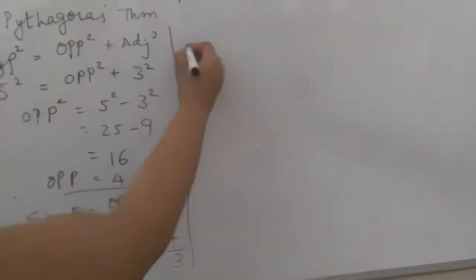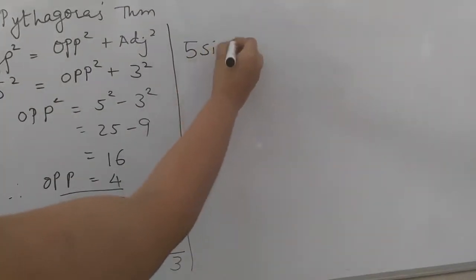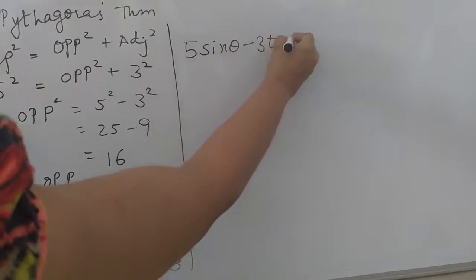So what is the opposite side? Again 4, and the adjacent side is 3. So this way we found the sine and tan theta values also. Now let us find the value of what we want here, that is 5 sine theta minus 3 tan theta.